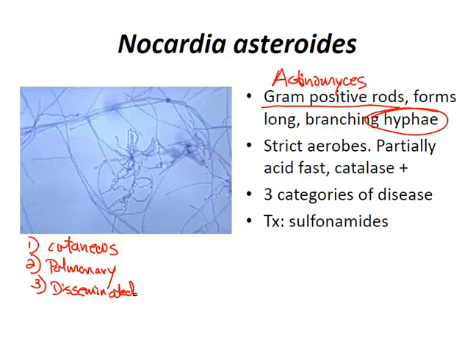If it's inhaled from the environment, such as soil or water, it becomes a chronic lobar pneumonia, which clinically is going to resemble what? TB. So it may spread from the lungs to form metastatic abscesses in the kidney and the brain. Now, the treatment of choice for Nocardia asteroides is, without a doubt, TMP-SMX, which is a sulfonamide.